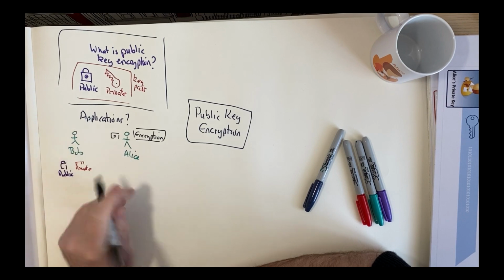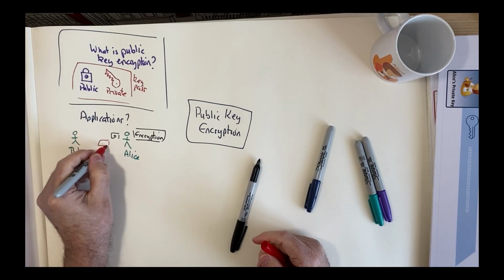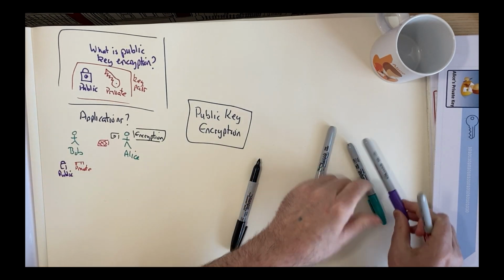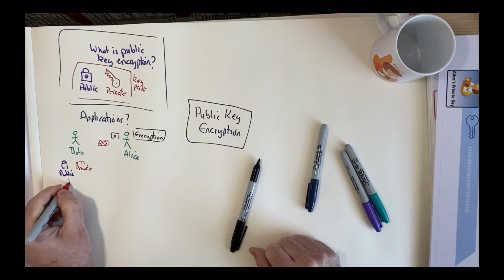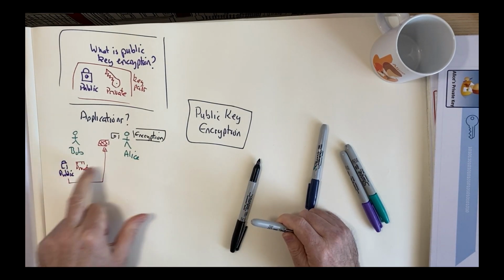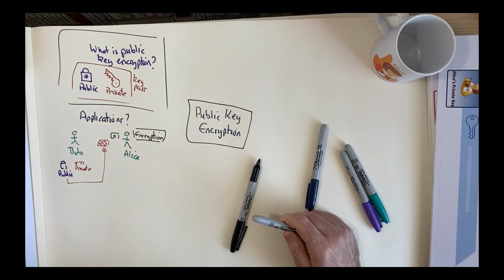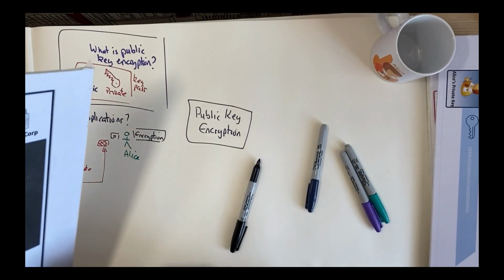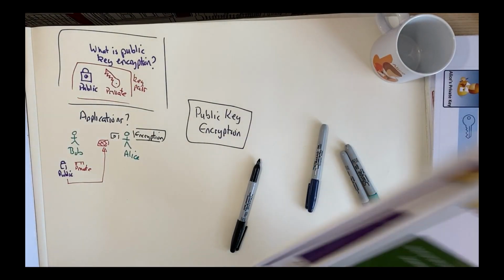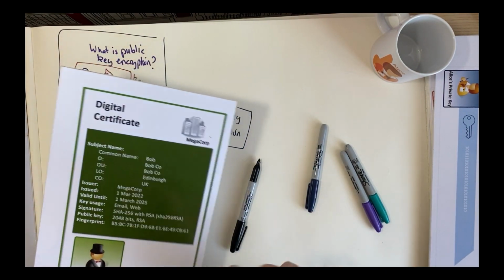So we'll take our data, and then we'll encrypt it with Bob's public key. Alice gets Bob's public key in some way, usually through a digital certificate, in a trusted way.